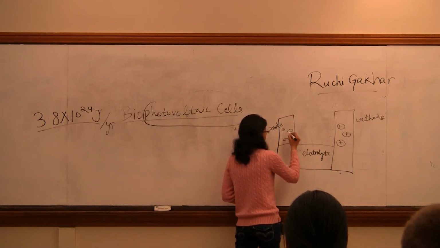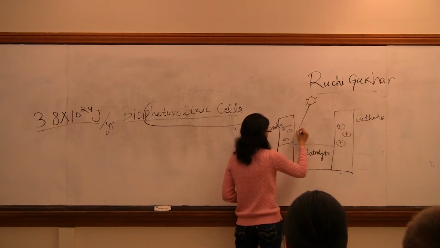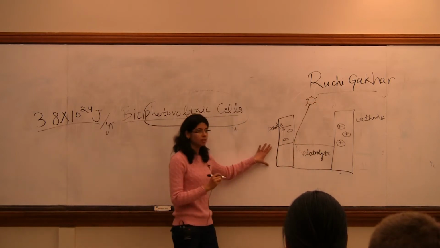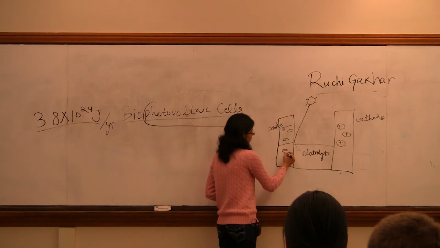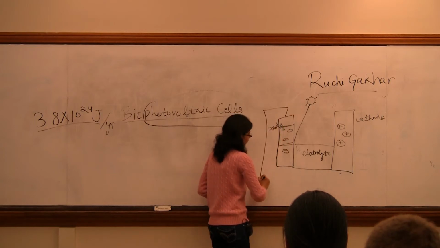So, now when sunlight falls upon the anode, it absorbs some energy and some electrons from the lower shell go to the higher energy level and they eventually get free.